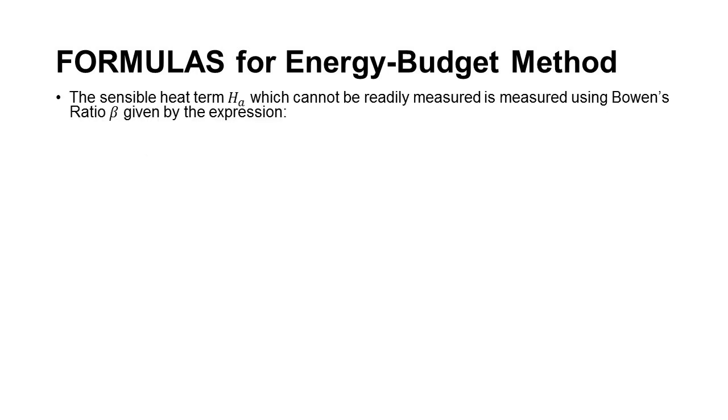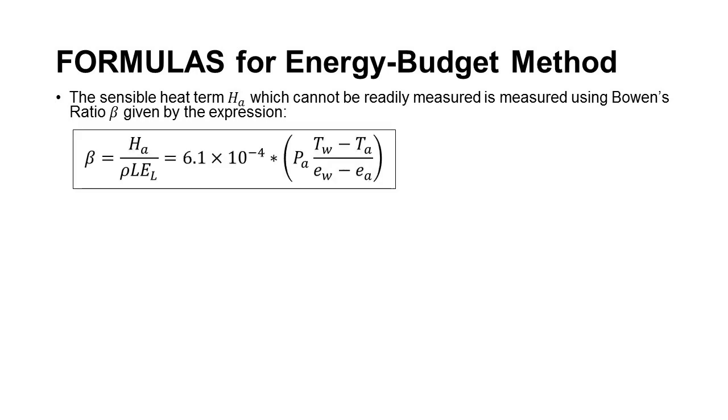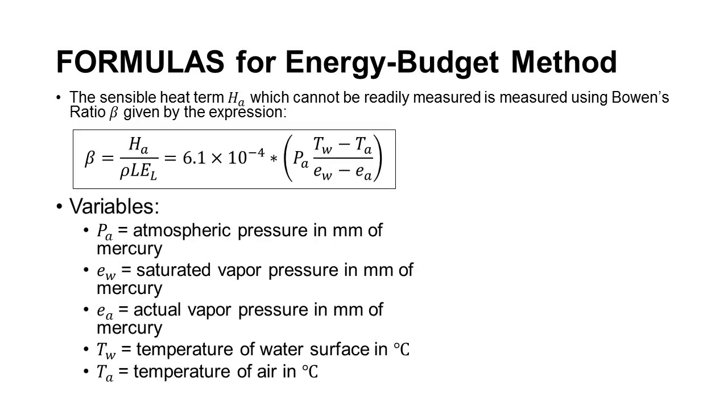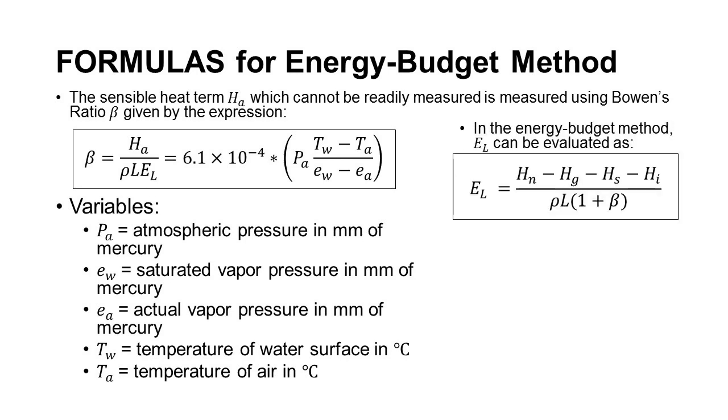The sensible heat transfer term, which cannot be readily measured, is estimated using Bowen's ratio with the given expression, stating here all of its legends as well. And together with that, we can also have a new method on how the EL can be evaluated.